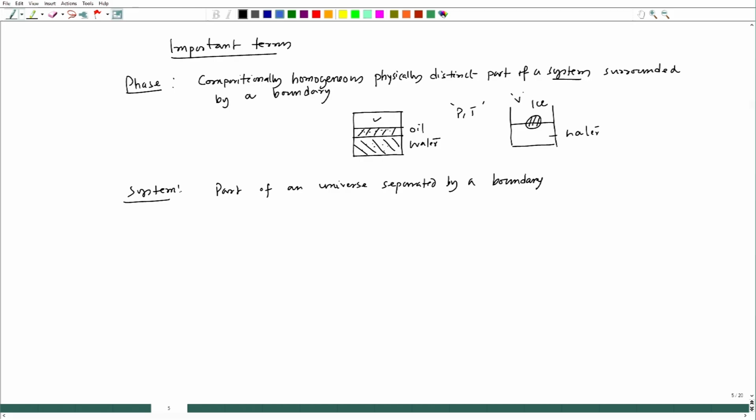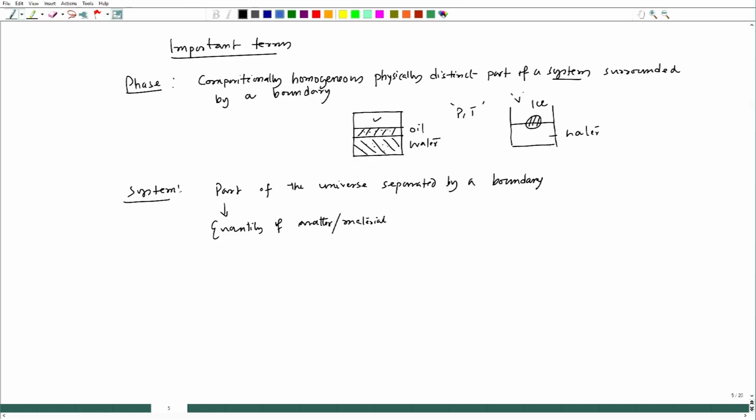Simple definition. But if we look at the complicated part, whenever we talk about the part, we are looking at a quantity of matter or material that is separated from the universe.